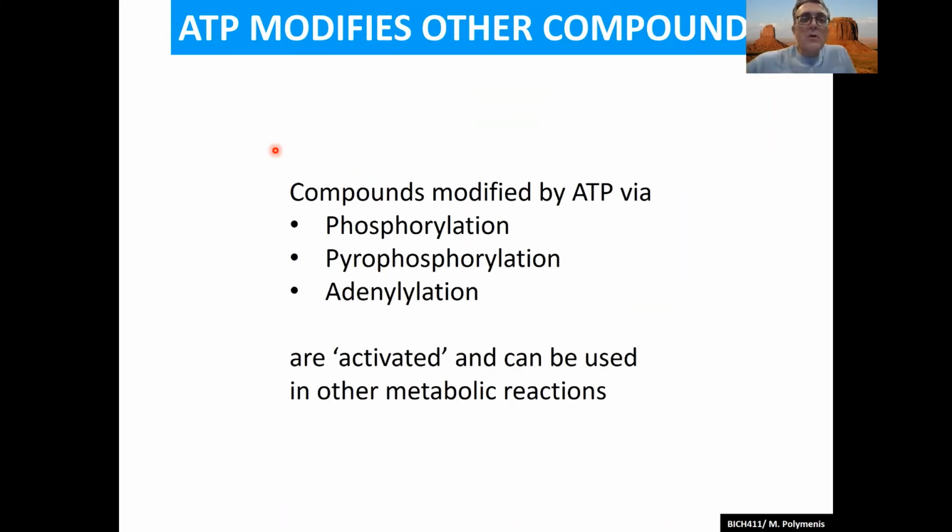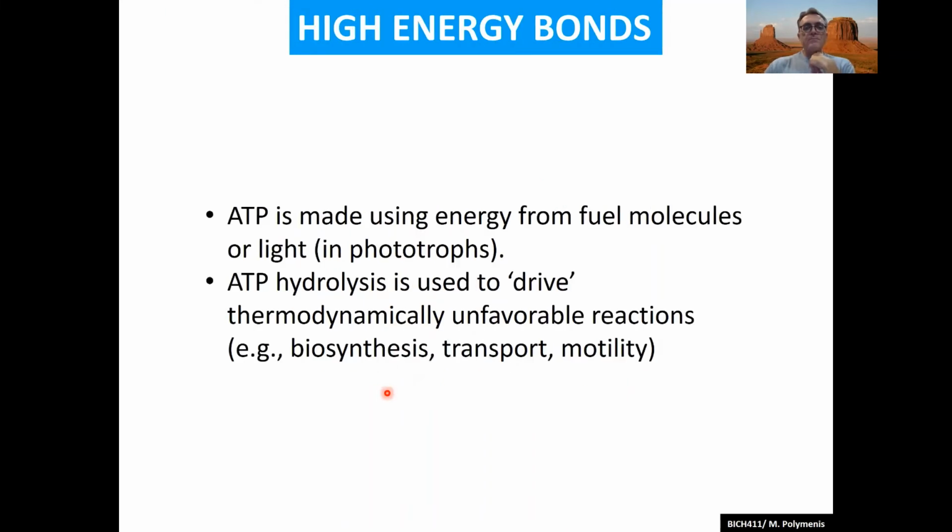So what compounds are those made by ATP? There are many, as I said. They can be phosphorylated, pyrophosphorylated, or adenylated. And in this order, from lower to higher, they get activated. So adenylated is much more activated than simply phosphorylated. And you can use these modified compounds in various metabolic reactions.